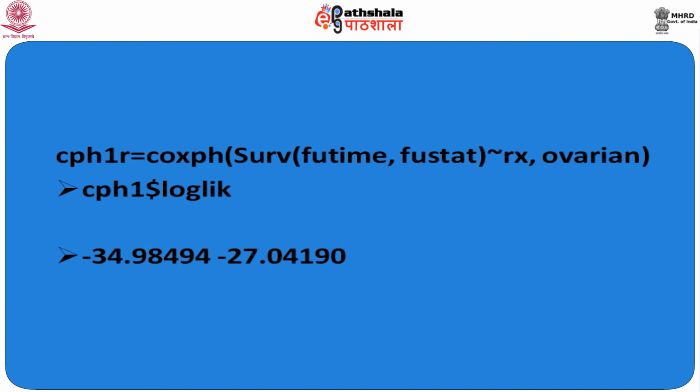Now this whole function is assigned to an object called CPH1R. If you put CPH1R into the log likelihood function, it gives the range of the log likelihood from minus 34.98494 to minus 27.04190, giving the log likelihood values for the two treatments, Rx1 and Rx2. Obviously the log likelihood value must be negative, but as the value increases and comes nearer to 0, it is better fitted to this specific model.